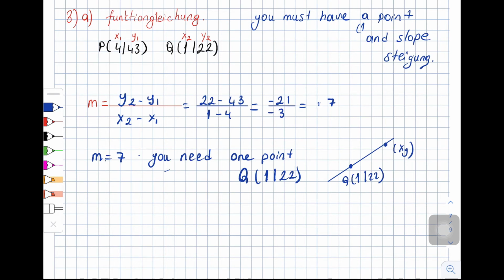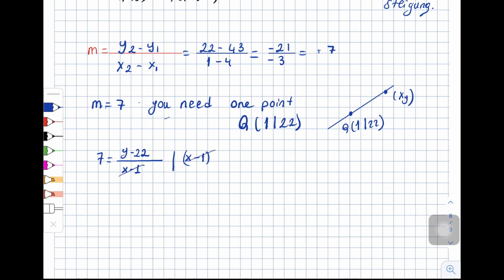Steigung, which is 7, is equal to y minus 22 over x minus 1. Multiply both sides by x minus 1. When you multiply it, those are gone. Here is what is left: 7 times (x minus 1) is equal to y minus 22. Let's distribute it. 7x minus 7 is equal to y minus 22.